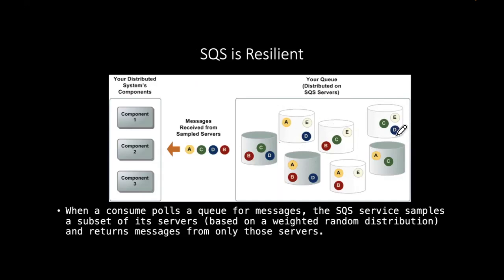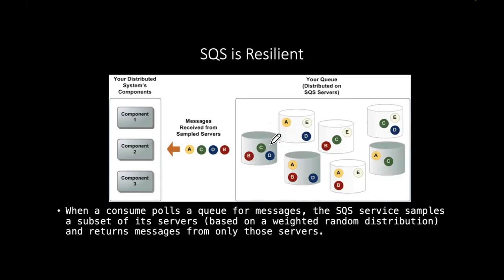So publishers would be on the right in this case. When publishers write a message to this queue, the SQS service writes that message to a subset of the nodes that make up this queue. So for example, message A is written onto this node and this node and this node and this node, but it hasn't been written on the other nodes.